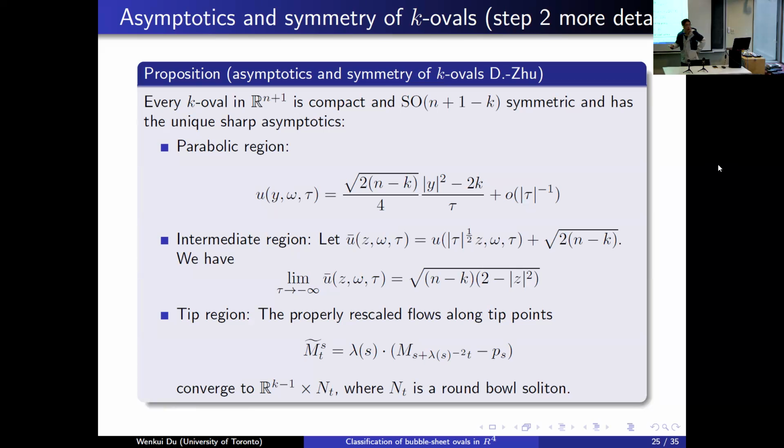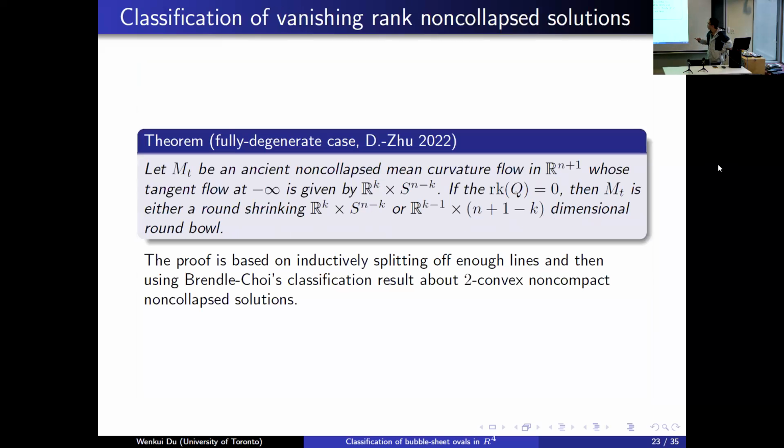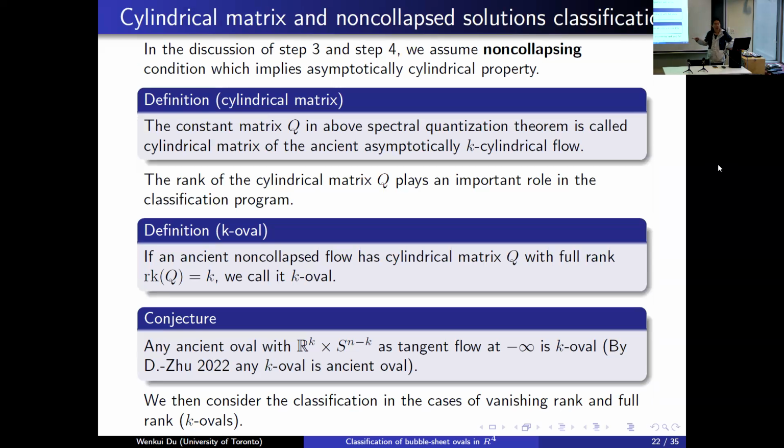Sorry, I forgot: a K-oval means it's rank K, full rank. But in my case we discuss R^4, so it's rank 2, and the 2 agrees with the R^2 factor. Basically, it's R^2 times S^1. The more difficult case is when it's R^2 times S^1 with rank 1.